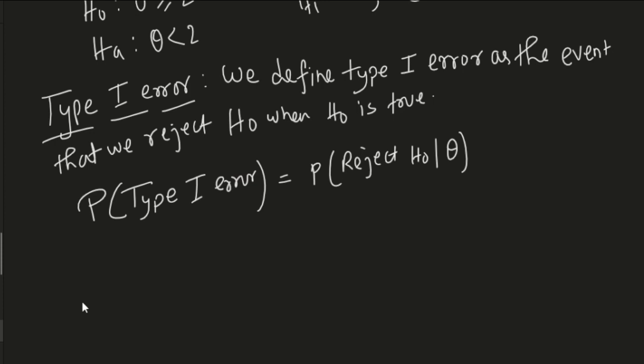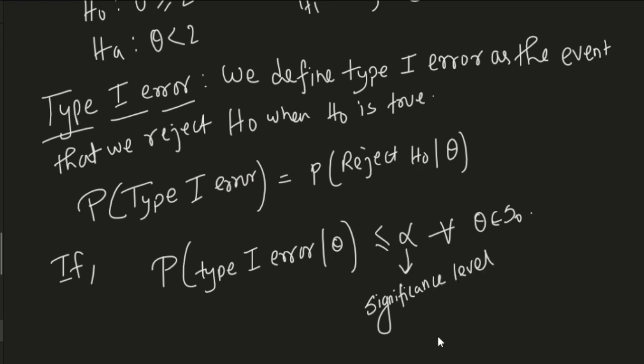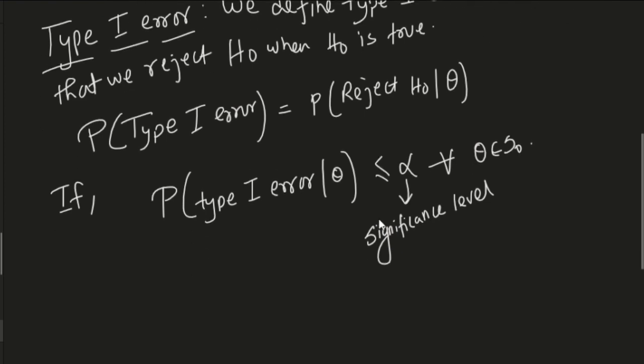So we set a significance level beforehand for our test, and we say that the probability of type 1 error given theta, if it is less than or equal to alpha, which is the significance level, usually gives us that the test is significant and we should proceed with it.